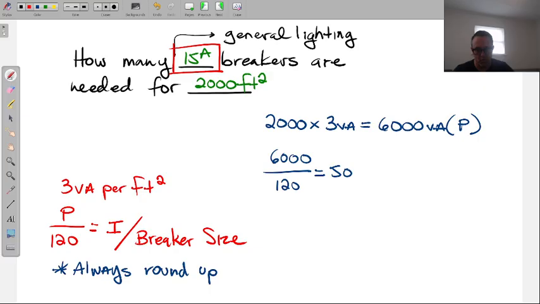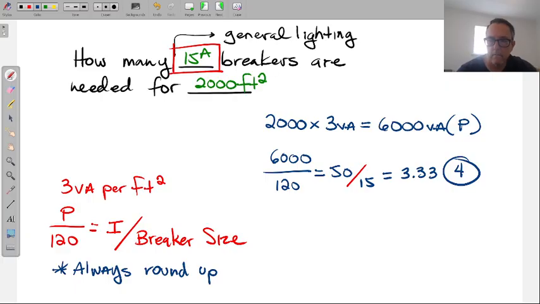That could get confusing because we've done different examples. So some might just use 15 because they saw it in their notes. If I put 20 there, we divide now by 20, because that's the size breaker we're going with. In this case, 15, which, like I said, we land at a 3.3, so we have to buy a fourth breaker for that.